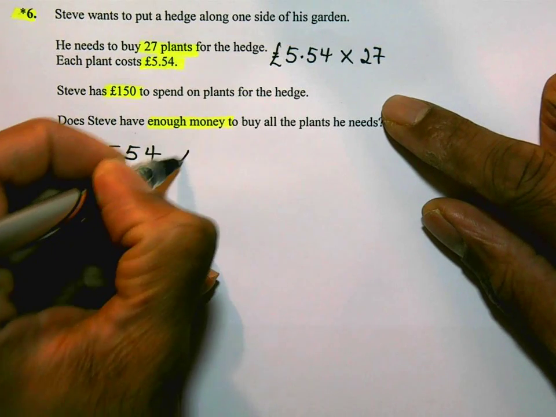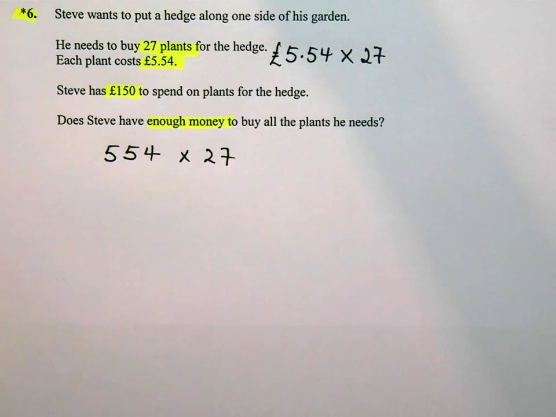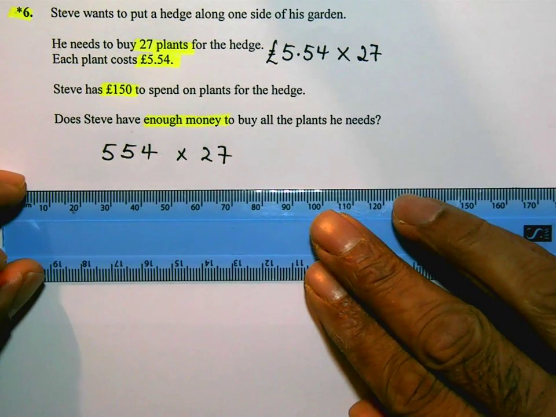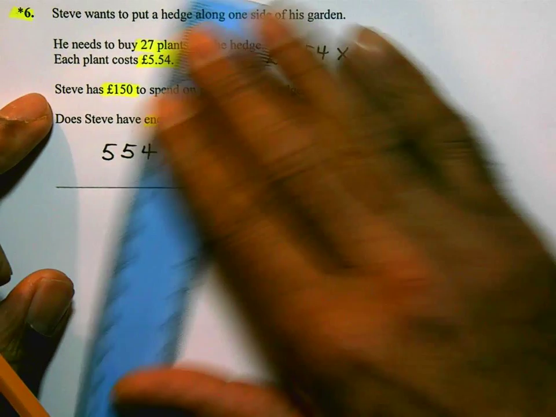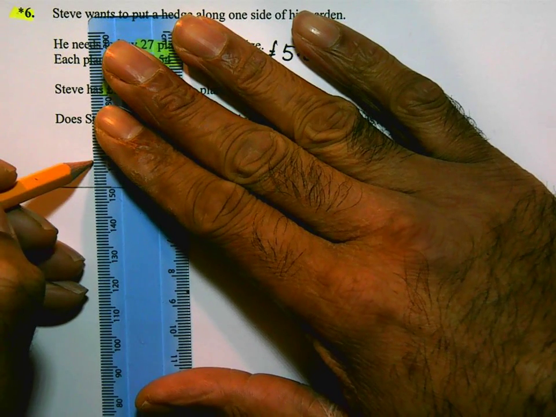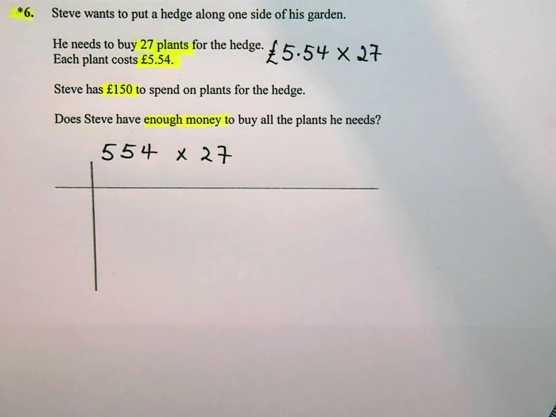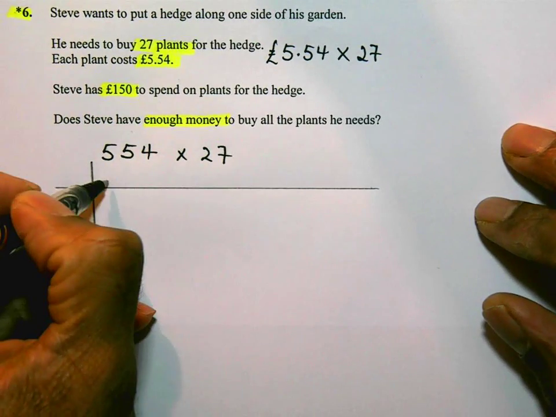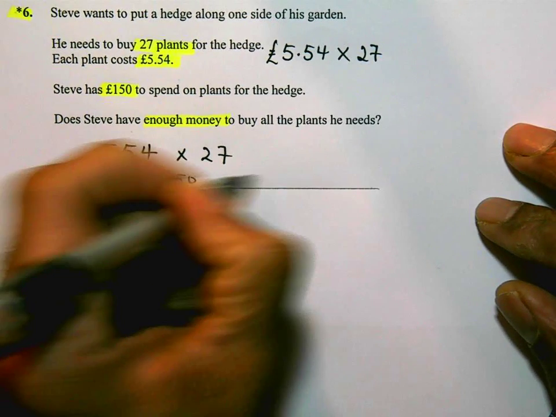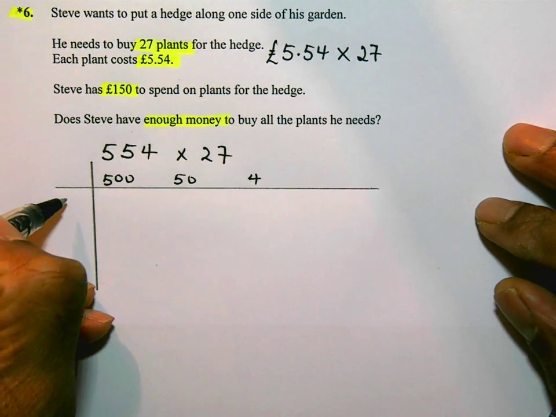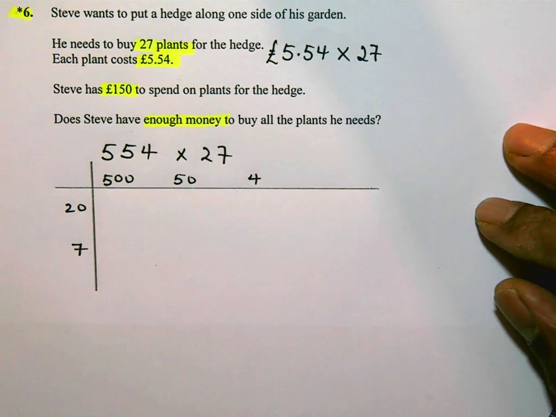I'm going to times that by 27. So I'm going to draw my box, and along the top and along the bottom I'm going to split up these numbers. So 554, I'm going to call it 500, 50 and 4, and 27 plants, I'm going to call it 20 and 7.